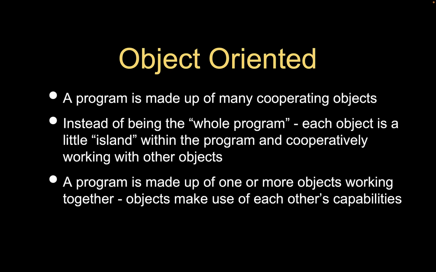Instead of being the whole program, each object is a little island within the program and cooperatively working with other objects. A program is made up of one or more objects working together. The objects are making use of each other's capabilities.